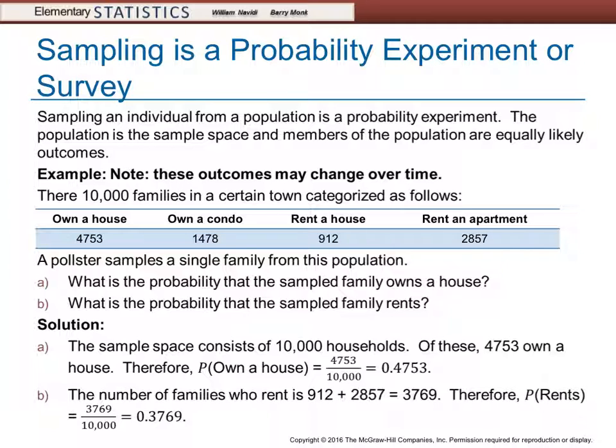There are 10,000 families in a certain town categorized as follows: owning a house, owning a condo, renting a house, and renting an apartment. Here is the sample from this population. What is the probability that a sample family owns a house?